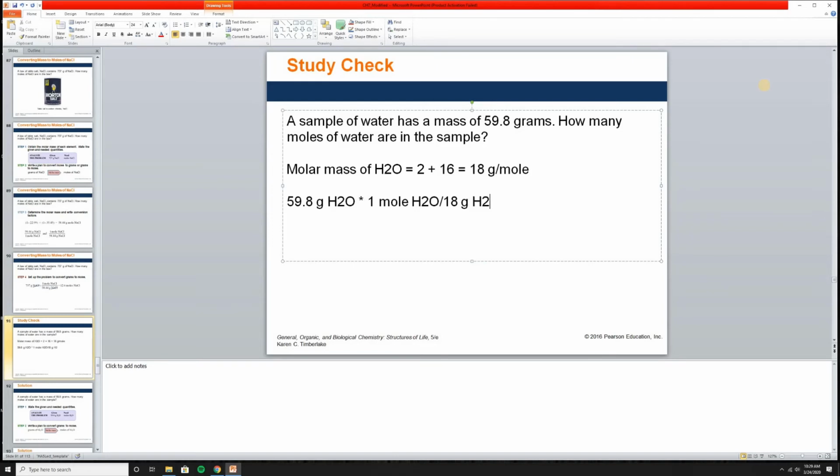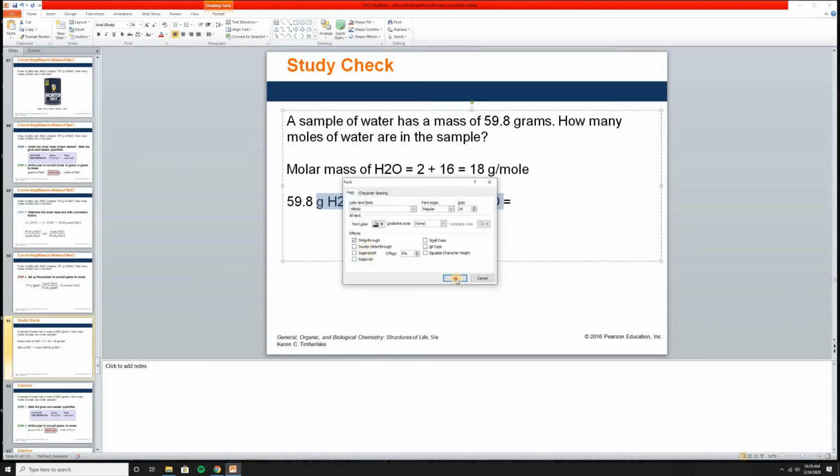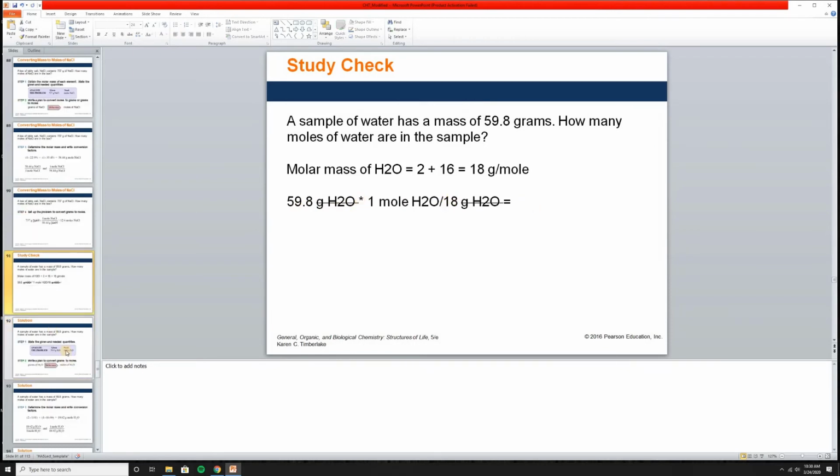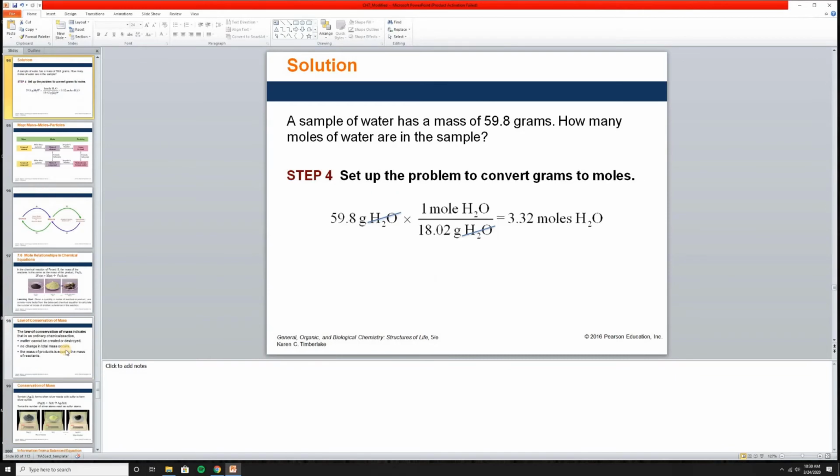So the grams of H2O are going to cancel out just like before. And we get 59.8 divided by 18, and that's going to be equal to 3.32 moles of H2O. So very similar to what we did before.